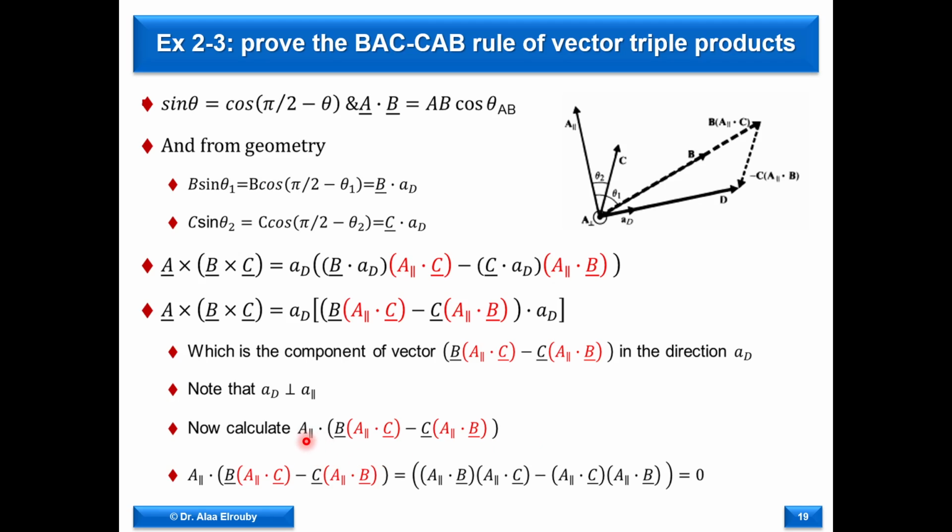So if A parallel is perpendicular to this vector, we know that A parallel is in the same plane as D, so A parallel must be perpendicular to this vector, and because it is perpendicular to AD, this expression here, which is a vector, must be in the direction of AD.